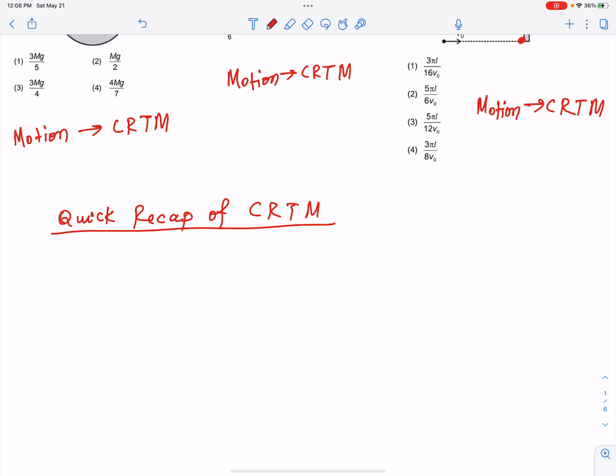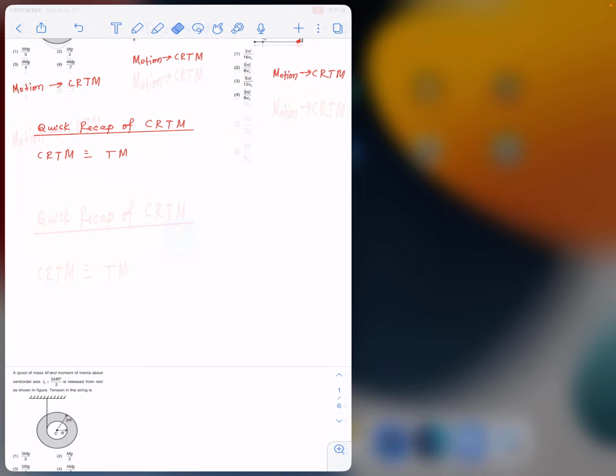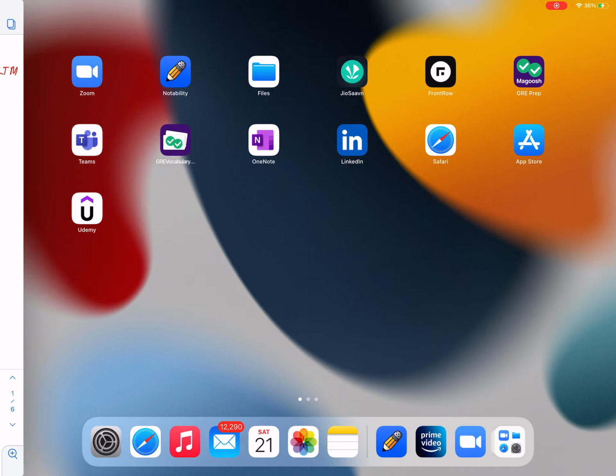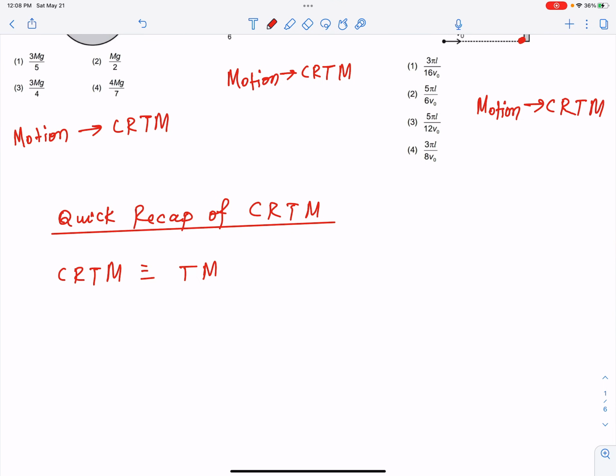So if we take a quick recap of CRTM, if you remember what we have talked about, CRTM means translational motion of the center of mass plus rotational motion about the center of mass, right?